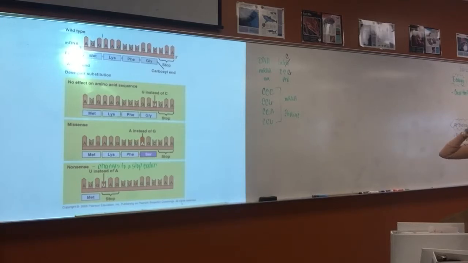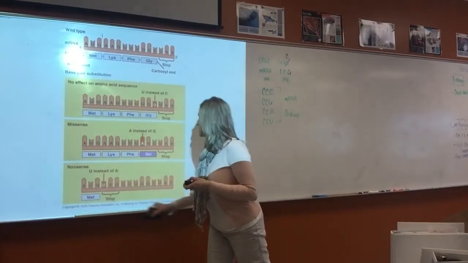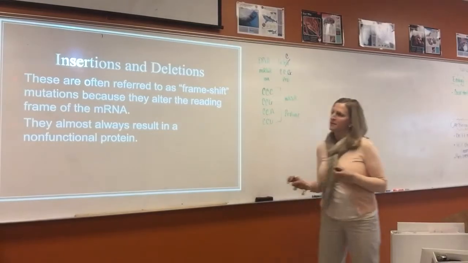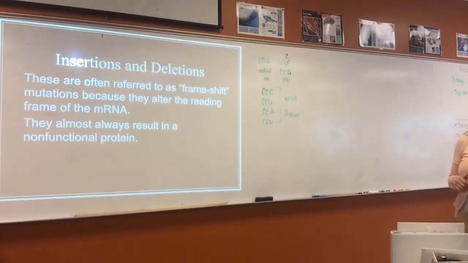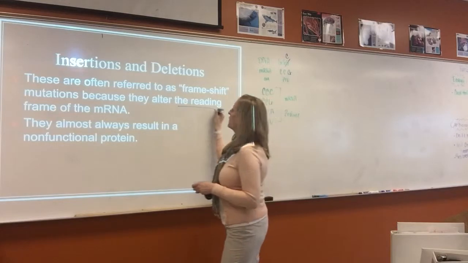The last thing that we need to look at is insertions and deletions. So these three were substitutions, substituting a base for another base, and now insertions and deletions. These are often referred to as frameshift mutations because they alter the reading frame. What do I mean by that?